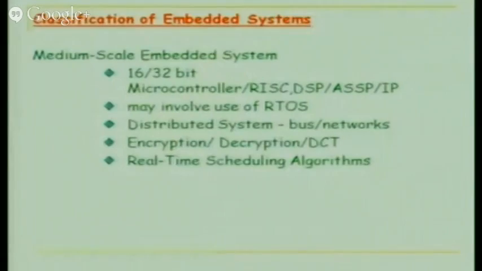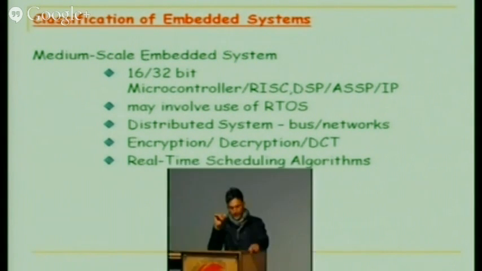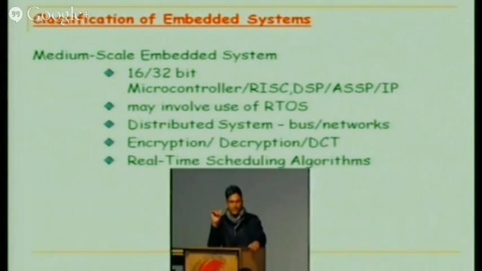Then comes your medium scale. As the name signifies, it is self-explanatory that there will be a little higher level. Instead of 8 to 16, now the bar is 16 to 32 bit. So that sort of migration will be there so far as the processor family is concerned. And then you might be aware of the architectures, RISC and CISC architecture. Have you heard of this?